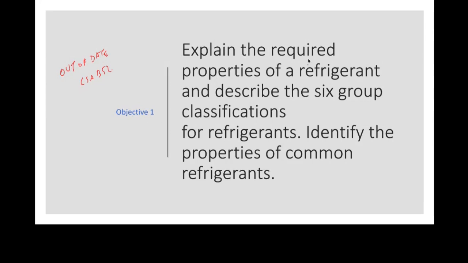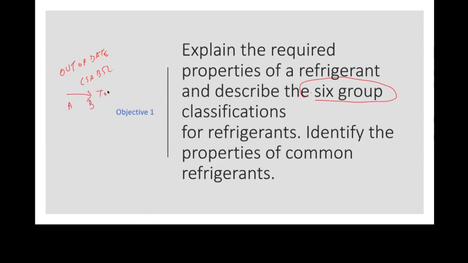Objective 1 also says explain the required properties of a refrigerant and describe the 6 group classifications. Well, these here are the groups that I'm talking about that are in the CSA, and these are the safety groupings. We have an A group and a B group of refrigerants, and what we have is increasing toxicity.